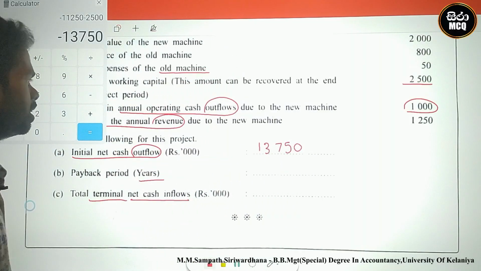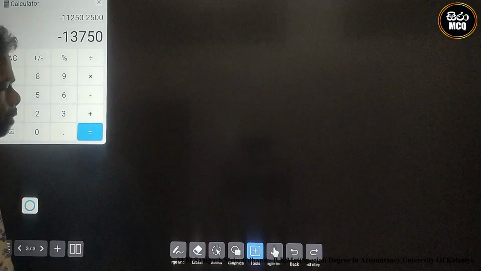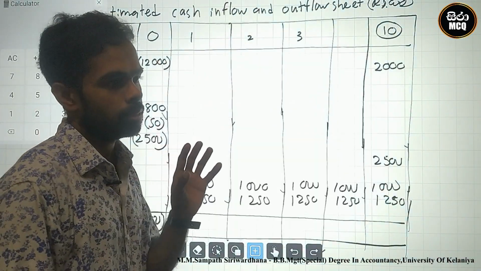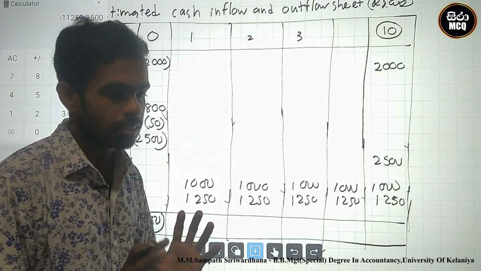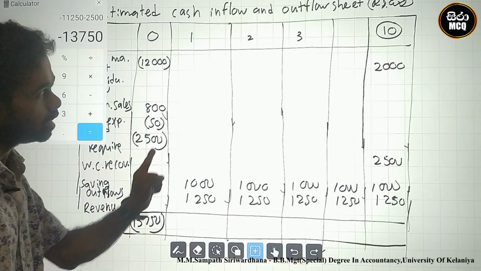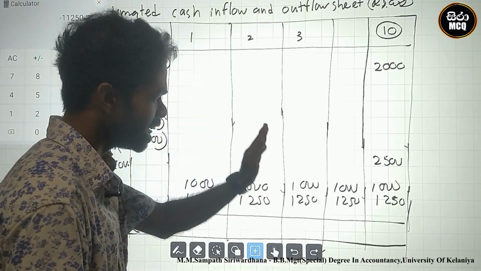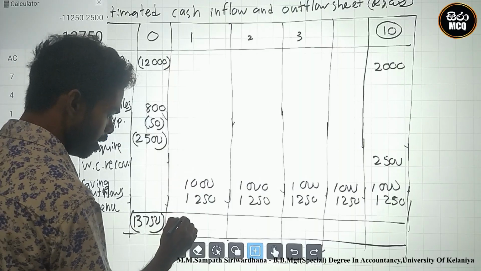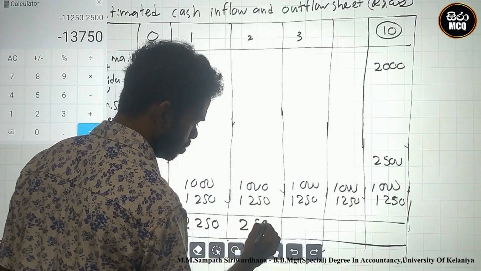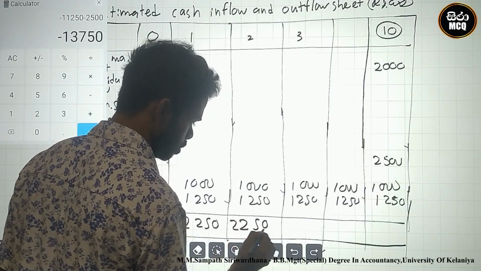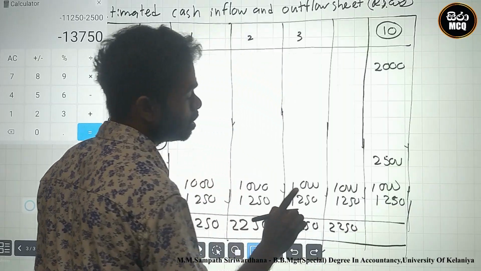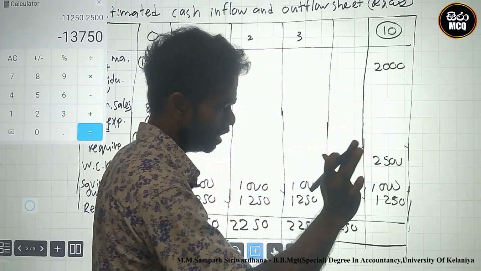Payback period, yes. Okay, payback period. How can we calculate? Payback period is the number of years we take to recover the initial investment using annual cash inflows. Look here, we must calculate: the annual cash inflows are the same, 2,250, but the final year varies from this.